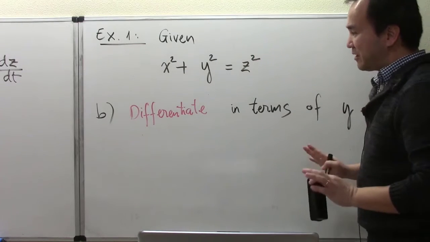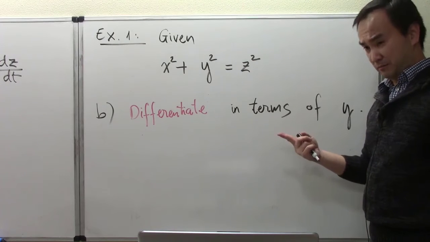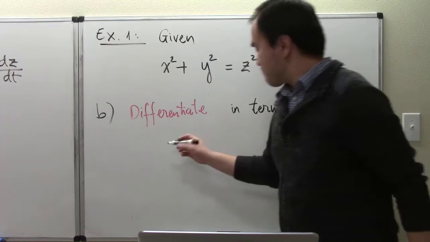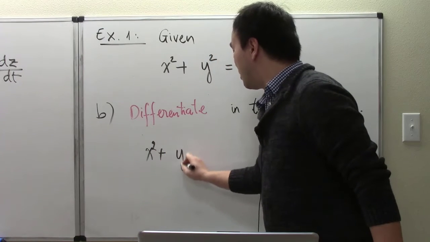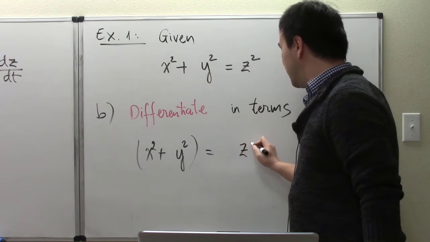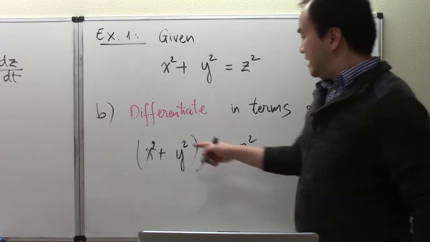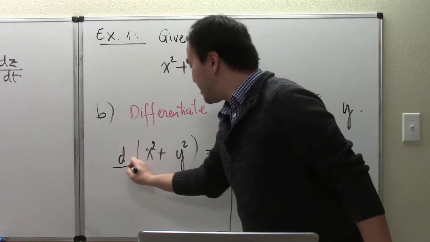So at least everyone following my video has seen the 2 problems, so I'm going to start picking up pace a little bit here. My starting equation is x squared plus y squared on the left hand side equals z squared on the right hand side. I am again going to apply the differentiation operator to both sides.